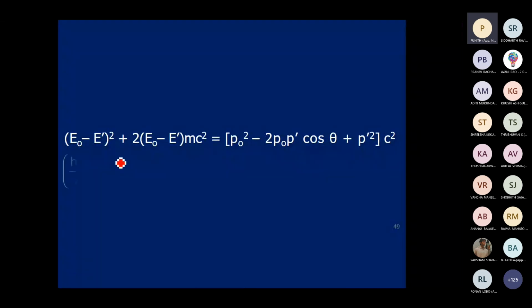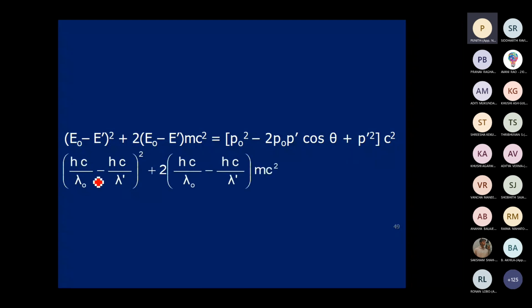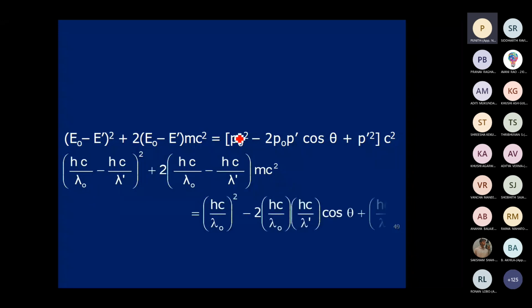Take this equation. We can write E naught as Hc by lambda naught, E dash as Hc by lambda dash, and similarly we can write P as H by lambda, that is P naught means H by lambda naught, H being a constant. Similarly P dash means H by lambda dash.